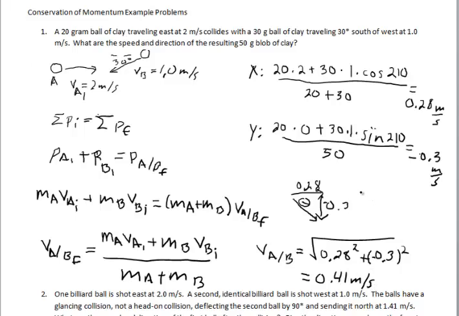Okay, so that would be the velocity, and the only thing left to do is get the angle, this angle here. You have an opposite side and an adjacent side, so I'll do inverse tan. So let's see, tan inverse.